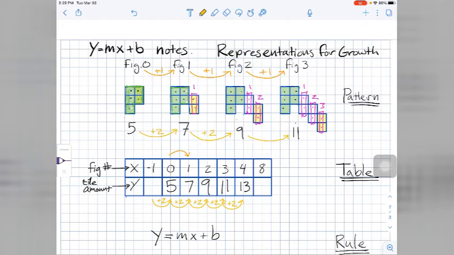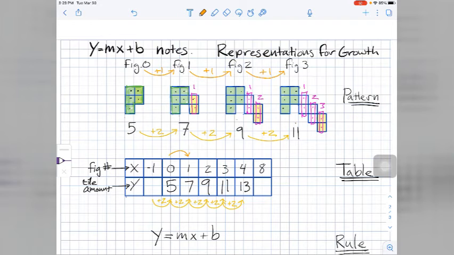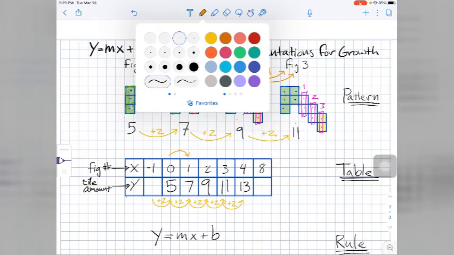But if I look at what happens if the figure number increases by 2, what if I go from 1 to 3? Well, let's look at the corresponding tiles.